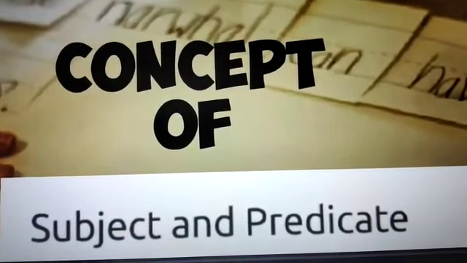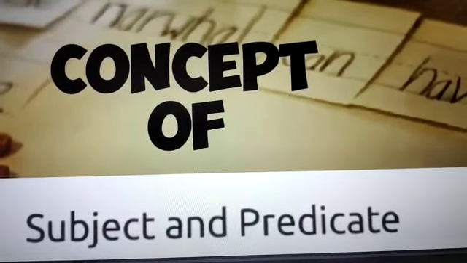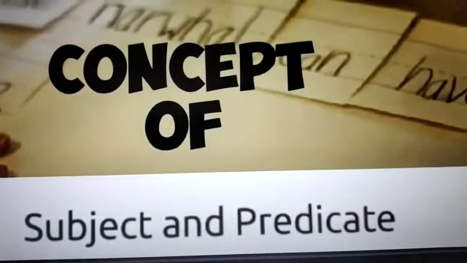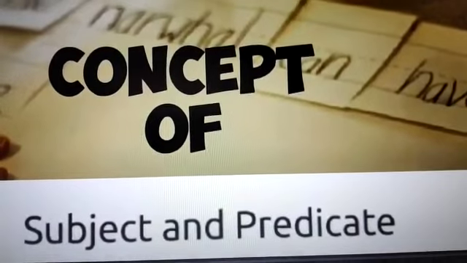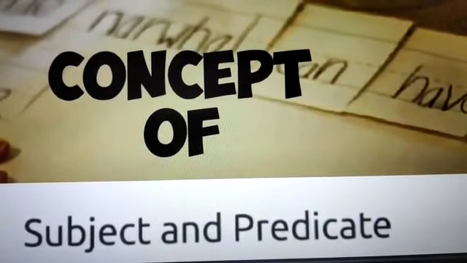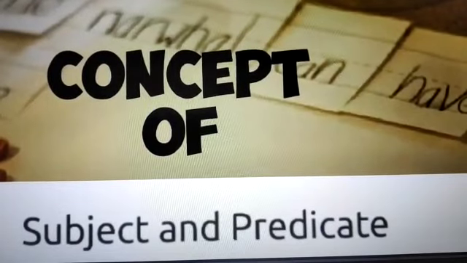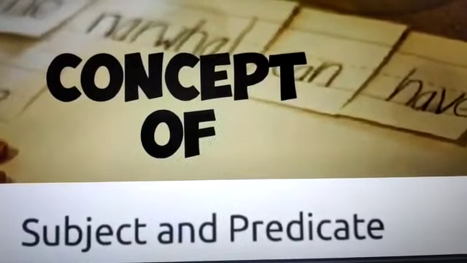The subject is the doer of the action, and what the subject does, or what has been done, is known as the predicate. In simple words, the subject is the doer of the action and the predicate is the action being done by the subject.